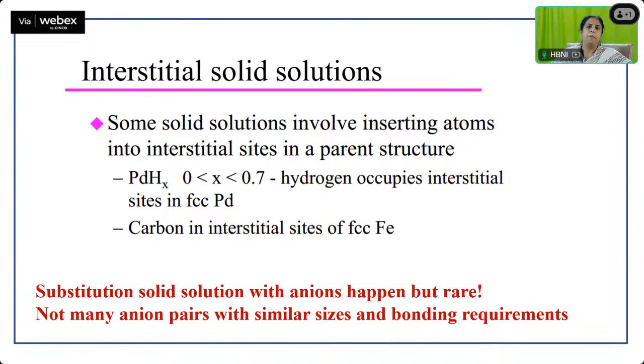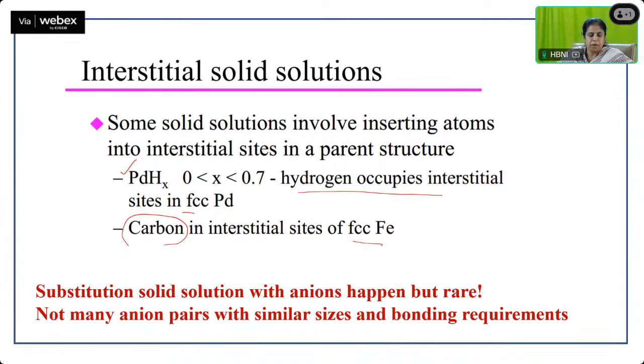For example, we know a very famous reducing agent, palladium hydride, that is nothing but the interstitial solid solution of hydrogen in palladium. Hydrogen occupies interstitial sites in the face-centered cubic lattice of palladium. Similarly, the steel that you use at home is nothing but carbon sitting in the interstices of FCC iron.